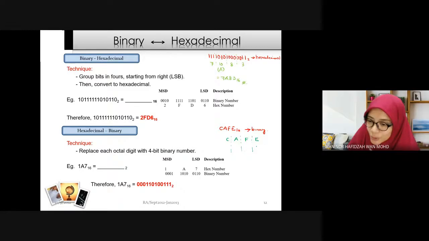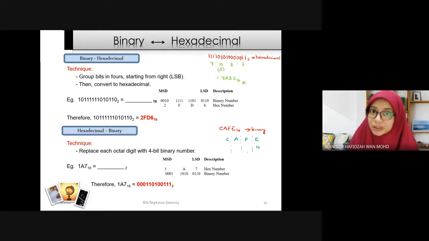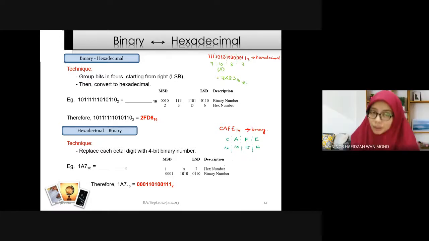So E is 14, the representative value. Sebab kalau decimal kita cuma dapat from 0 to 9. So F equal to 15, A is 10, C is 12. So then baru kita tukar lah. Kalau dalam bentuk 14 macam ni lebih mudah untuk kita buat.